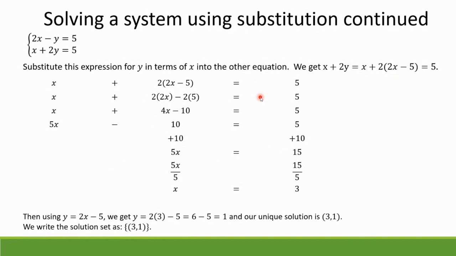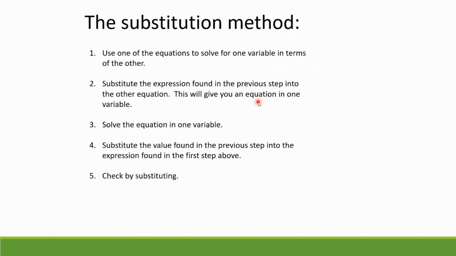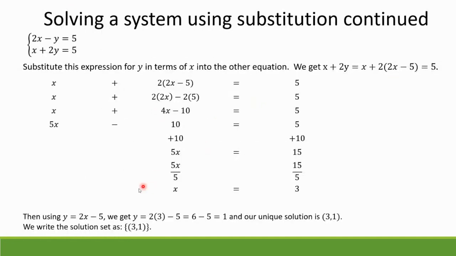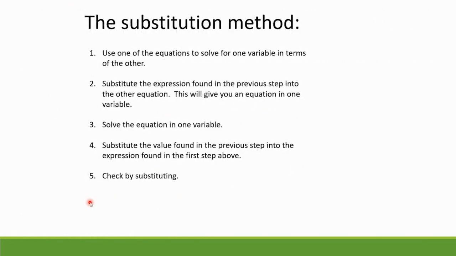We substituted that back into the expression we got in the first step above. In other words, once you know what x is, you can easily get y because you have y in terms of x. So you plug in what you get for x, then you get y. And then, of course, you can check your answer.